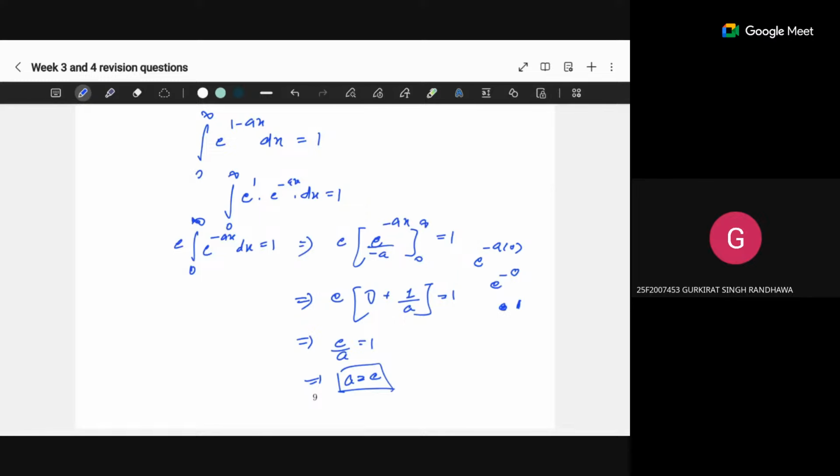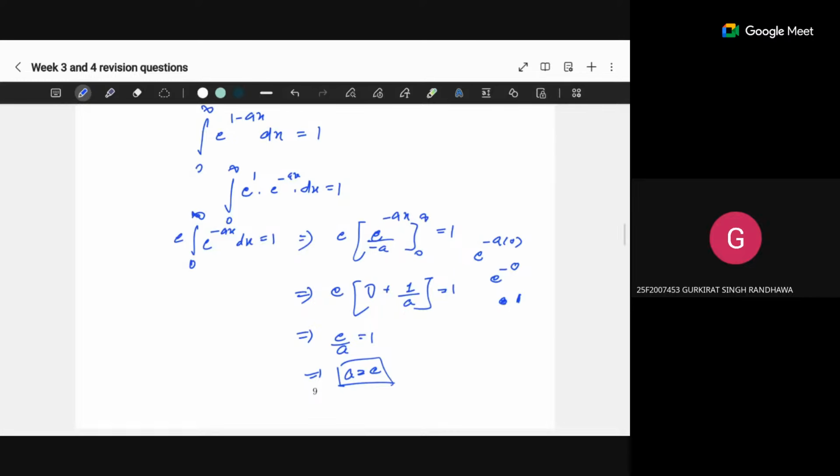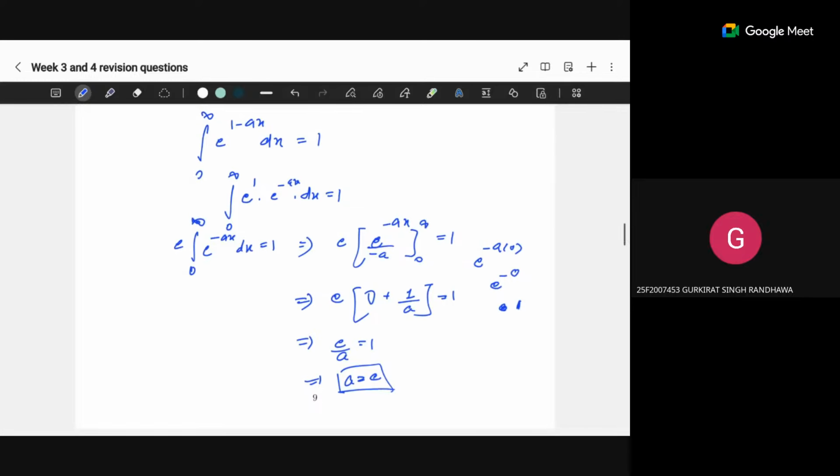Now is it clear? Shall I move forward? Can we take the integral of e raised to 1 minus ax directly as 1 by 1 minus a into e raised to 1 minus ax?